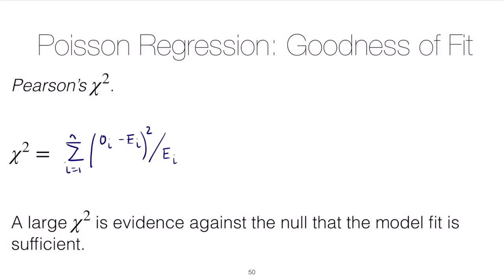Again here, O_i is the number of observations, and E_i is the expected or the mean number of observations under some assumed distribution.